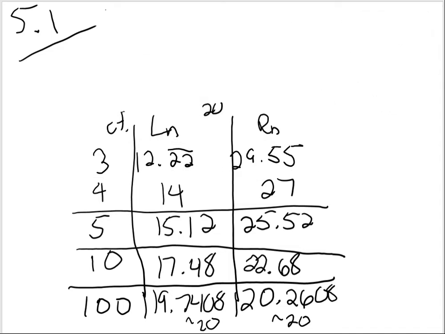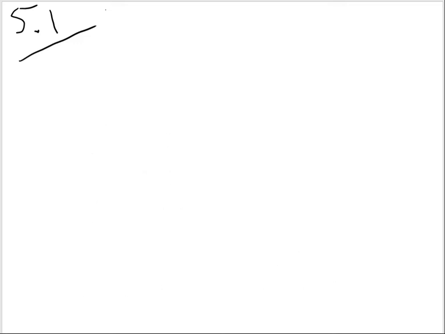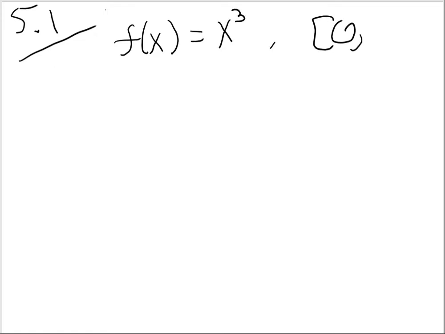Okay, so I'm going to erase this chart. For the next example, we had the function x cubed, and we're going to look on 0, 1 now. We could go through and do the table, but all we were doing is taking a limit, and we know we have our limit laws, and we have other things we could do, like L'Hopital's rule to help with taking limits.